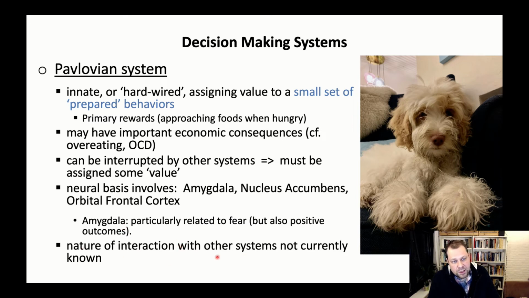The interaction with other systems is, well, it's not known. There's some work on Pavlovian instrumental transfer. So it's currently being researched, and it's an active area of research and continues to be so.